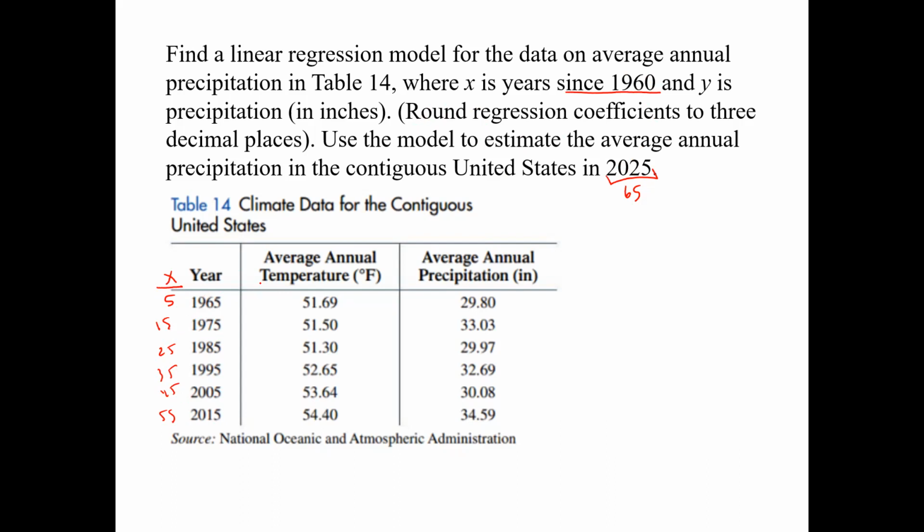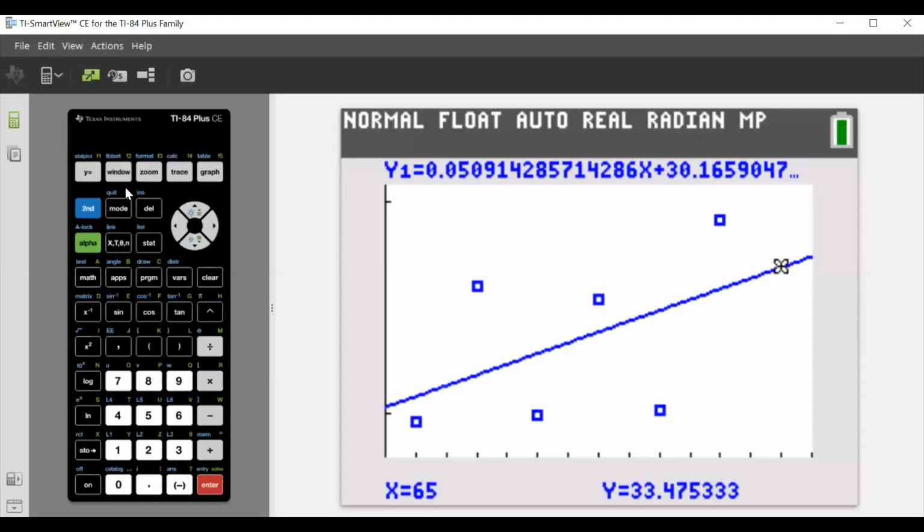Now, in this one, we need to use this column because we want the average annual precipitation rather than this column, which is the annual average temperature. So we need this column and the one we made up here. And so we're going to go to our calculator and clear everything out.